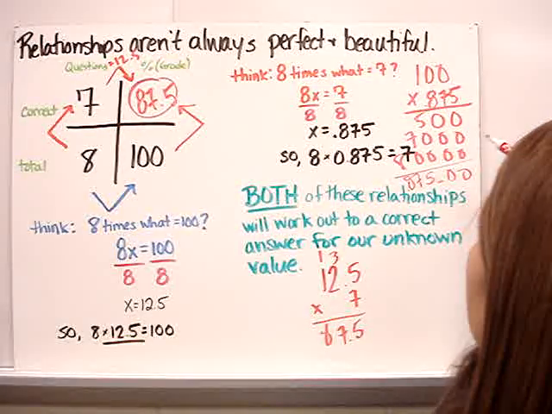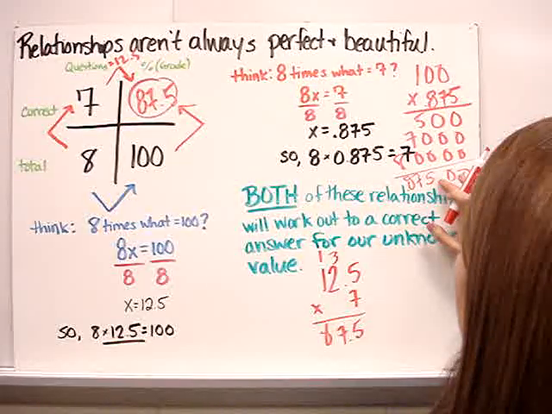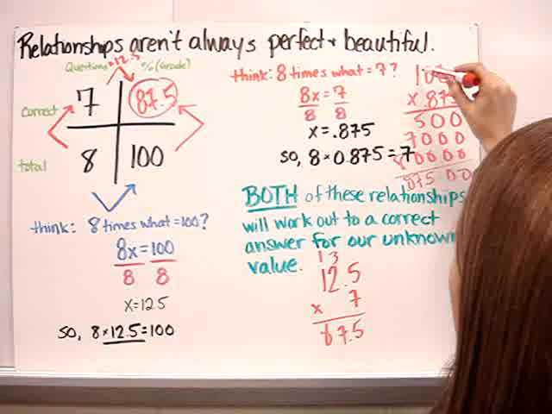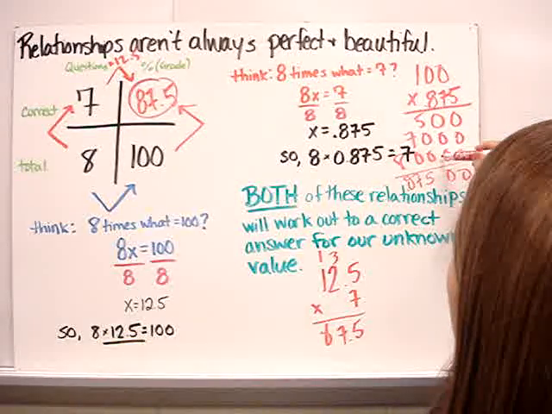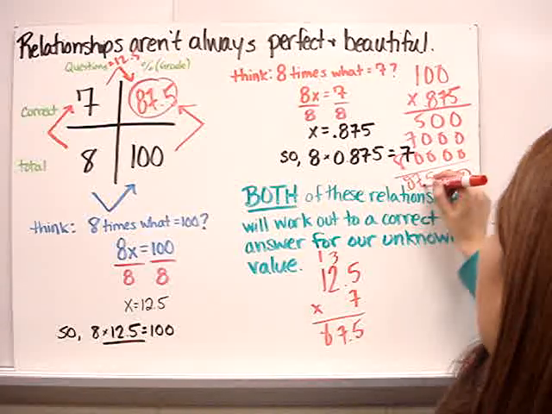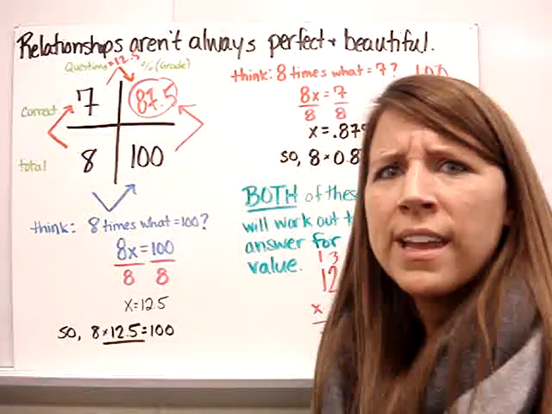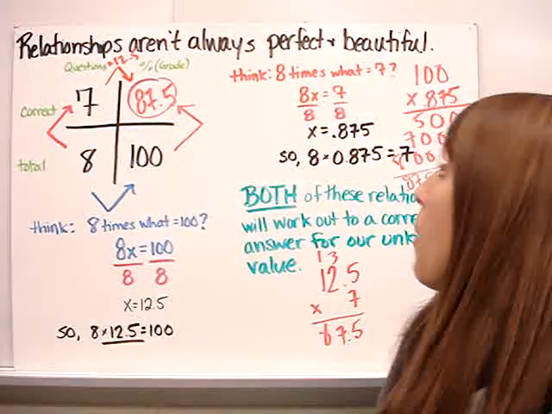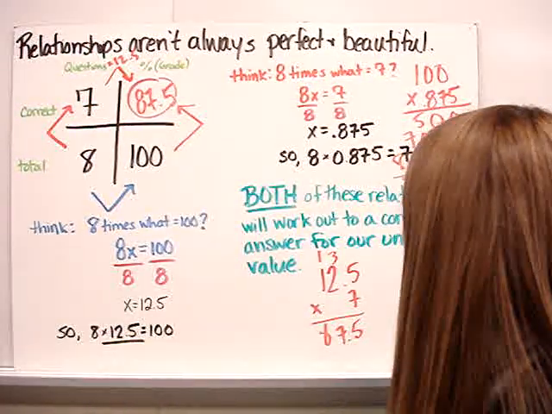Times 0.875. Oh, 3 decimal places. Huh. I was counting 2. Okay, 87.5. Wacky day, huh? Okay, so there you go. You do get 87.5. I counted 2 decimal places instead of 3.